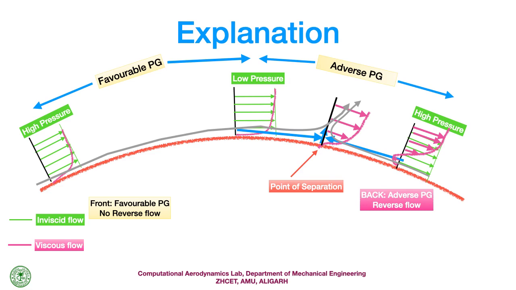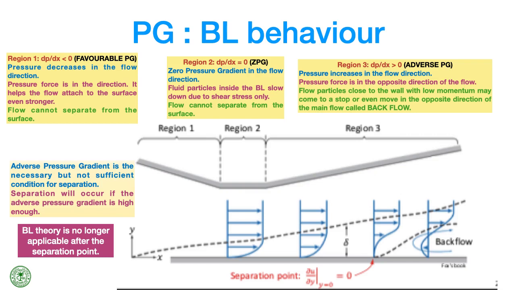Now I have summarized all of this in this slide, where I have demarcated the accelerating region, that is the favorable pressure gradient, as region 1, the zero pressure gradient region as region 2, and the adverse pressure gradient as region 3.